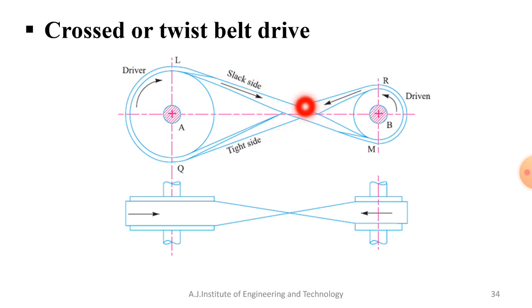There will be a rubbing action between these two belts, so there is an increase in wear, and it leads to a reduction in the life of the belt. The life of the belt will be very much less as compared to open belt drive. So this is one of the disadvantages of the cross belt drive.